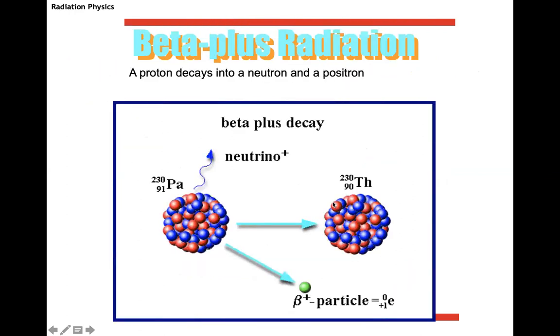And the other decay, as I told you before, is a decay of a heavy element where you have the emission of a beta plus particle, so a positron, and the corresponding particle emitted is a neutrino, not an antineutrino.